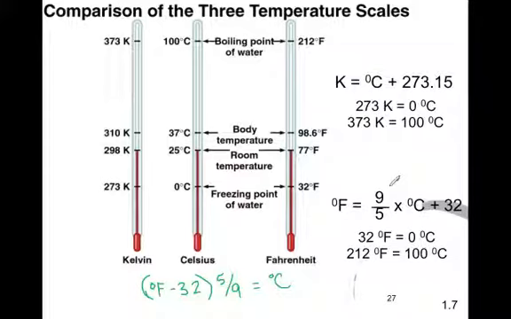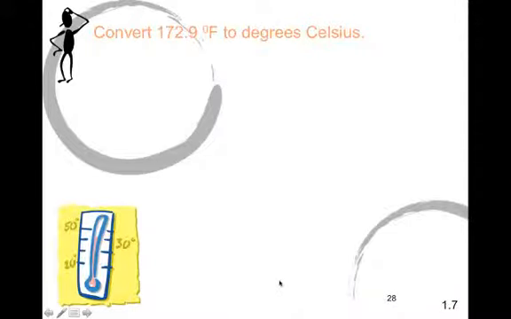Usually I take my Celsius number, try to get it to 212 using those two things, and then figure it out from there. But if you like to memorize equations, you do need to know how to do this. Memorizing the equation is optional. You have to be able to convert it, though.